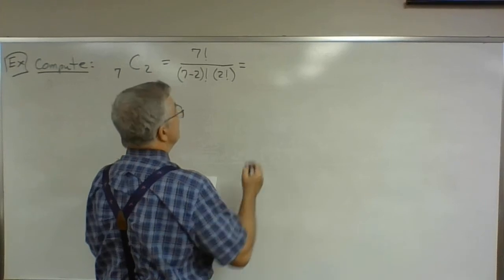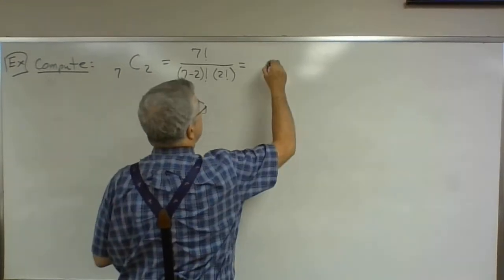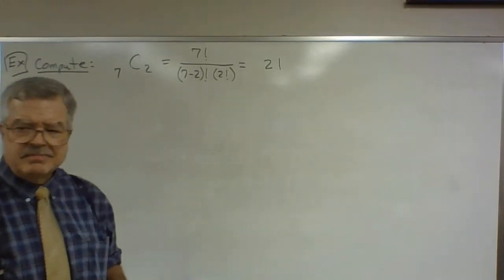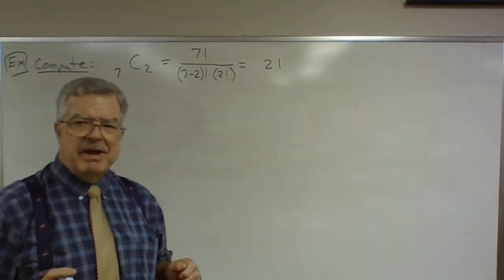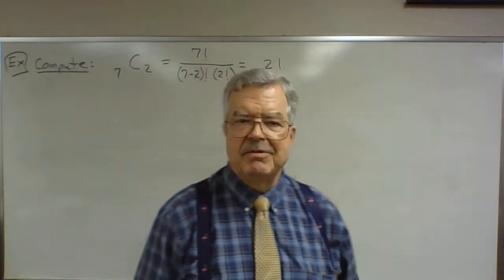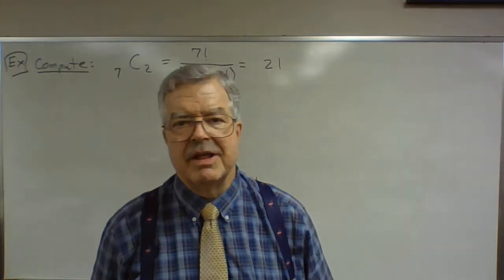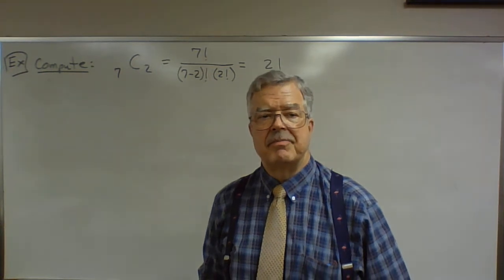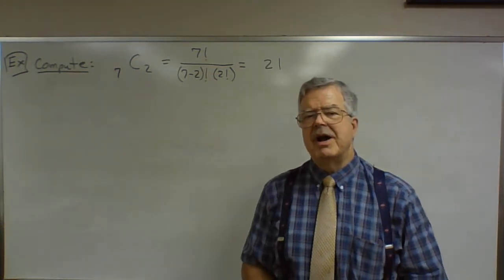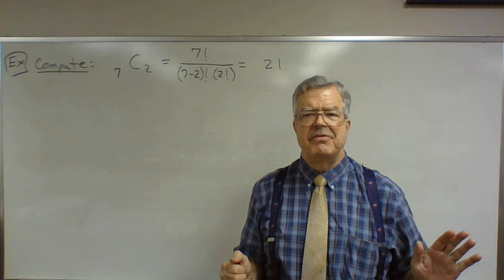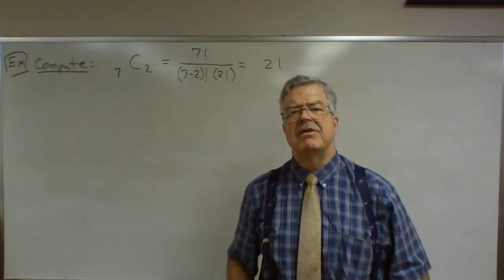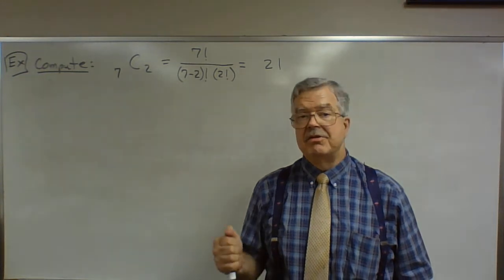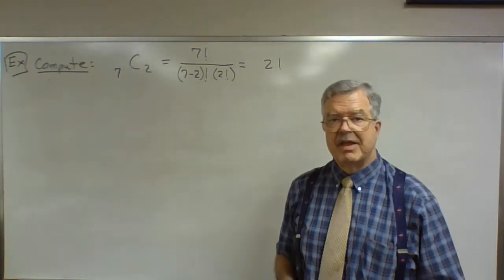When I crunched all of this, I got 21. But let's talk about how we do this on our TI calculator that we're going to be using in the final exam. We should probably practice some of this right now and not wait until a couple of days before the final exam to learn how to do this.